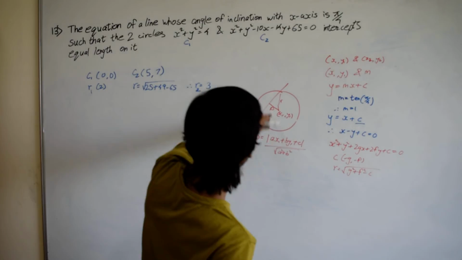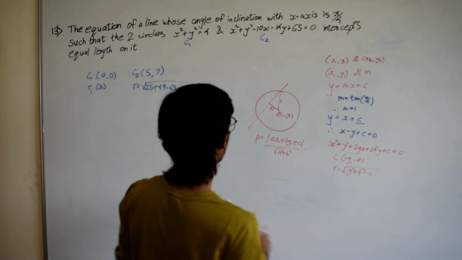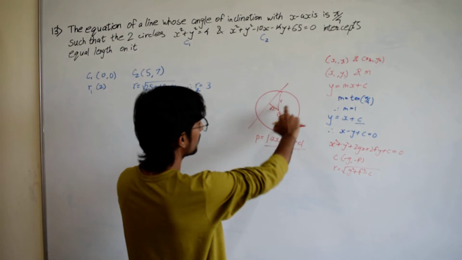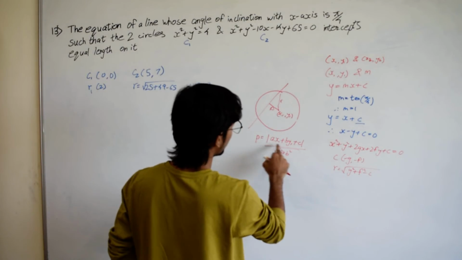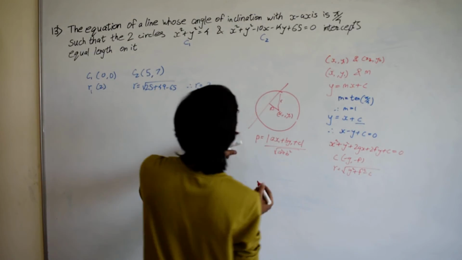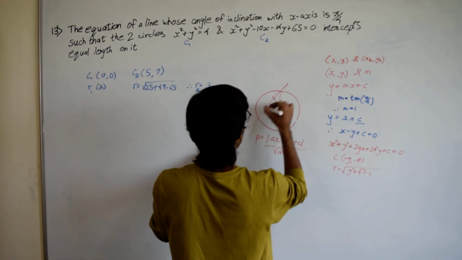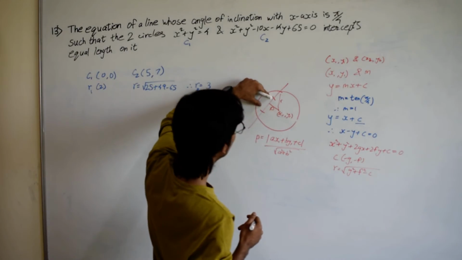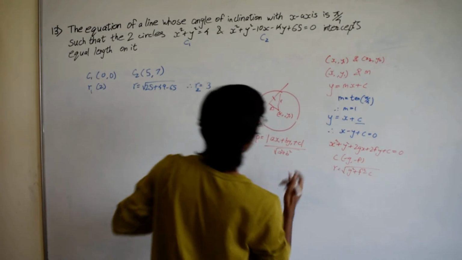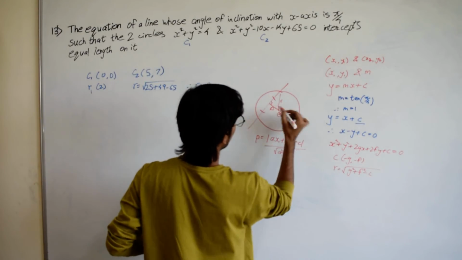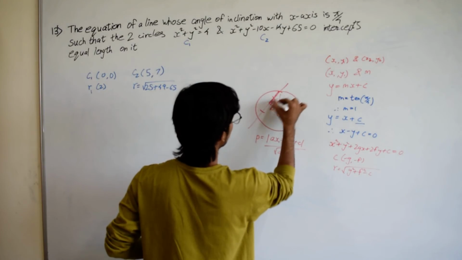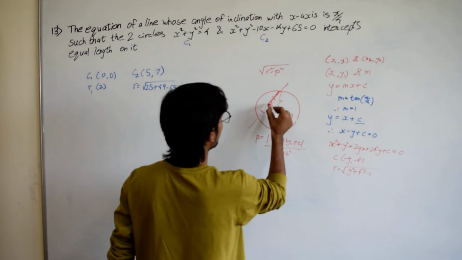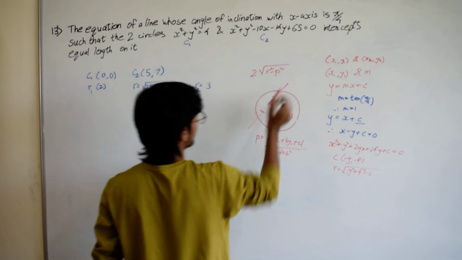This is the perpendicular distance from the center to the chord, where x1 y1 is the point from where we need the distance, and ax plus by plus c is the equation of the chord. The perpendicular bisects the chord, therefore both sides of the chord are of the same length. So using the Pythagoras theorem, half the chord equals root r square minus p square, and the total length of the chord would be 2 root r square minus p square.